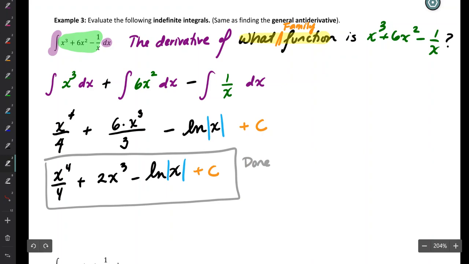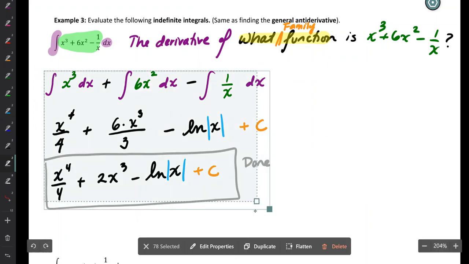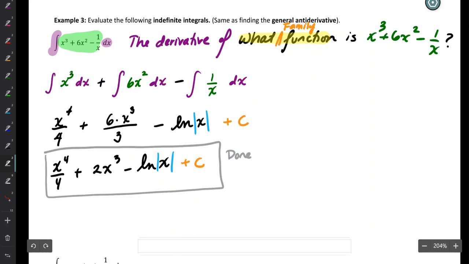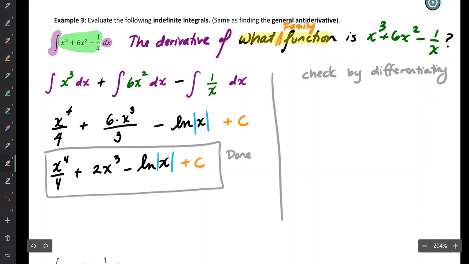And let's go ahead and check by differentiating. Right? So the big question, the derivative of yellow plus c, will it be green? All right, so let's see.